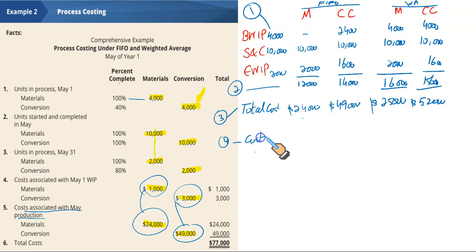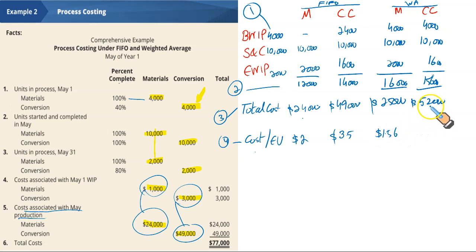Cost per EUP. How many EUPs are there for material? 12,000. So 24,000 upon 12,000, $2. 49,000 divided by 14,000. So the conversion cost per EUP of production is going to be 49 by 14 is 3.5. Then we'll do the same thing for weighted average, 25,000 divided by 16, that'll give you 1.56.